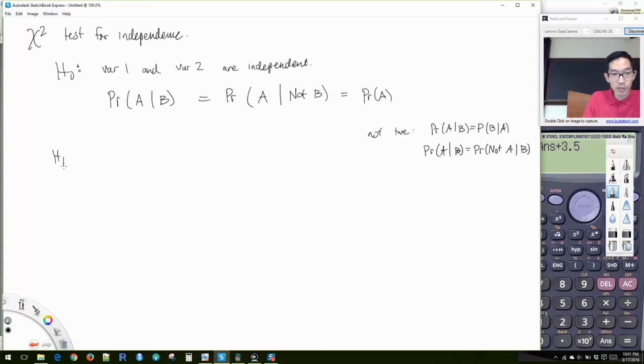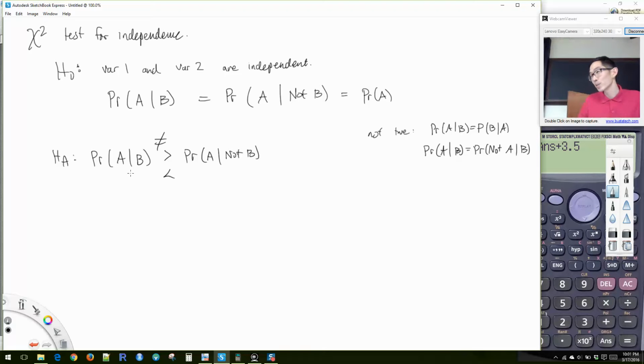Okay, and then the alternative will be something like probability of A given B is greater than probability of A given not B, or not equal to or less than, okay? Basically saying that if B has happened, then the probability of A either increases or decreases, saying these two categorical variables are related, right?